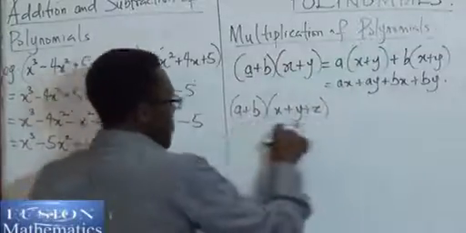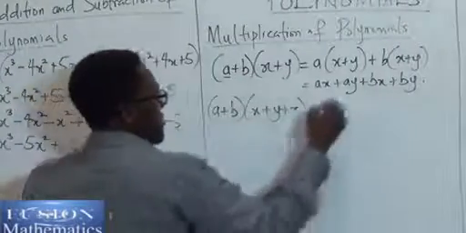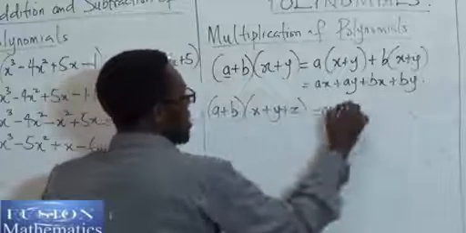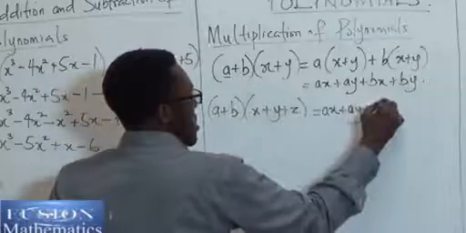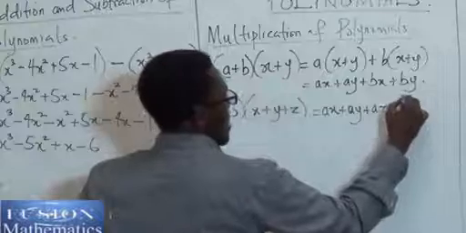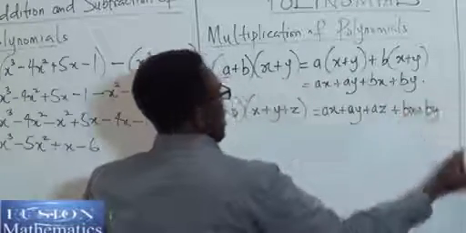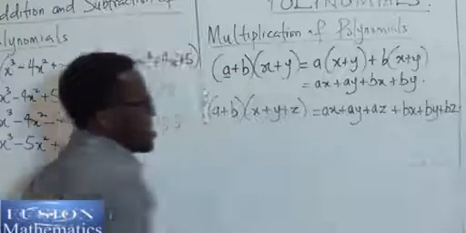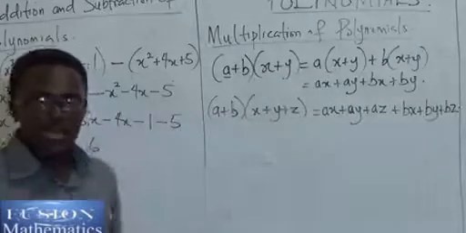We use a to multiply all these elements and add it to b multiplying the other elements. So a times x will be ax, a times y, ay, a times z, az, plus b times x will be bx, plus b times y will be by, plus b times z will be bz. Then the next thing is you simplify, collecting the items and adding or subtracting as the case may be.